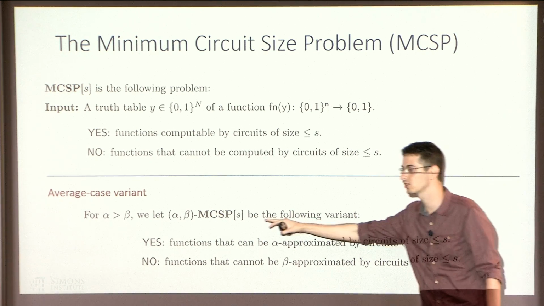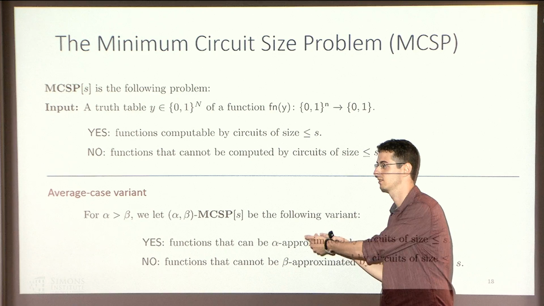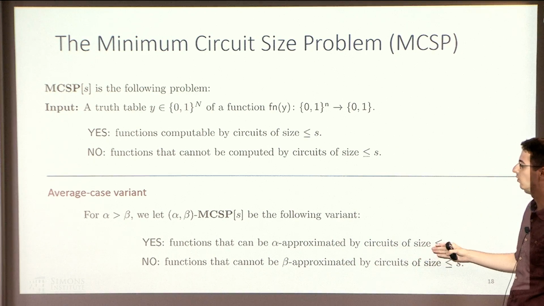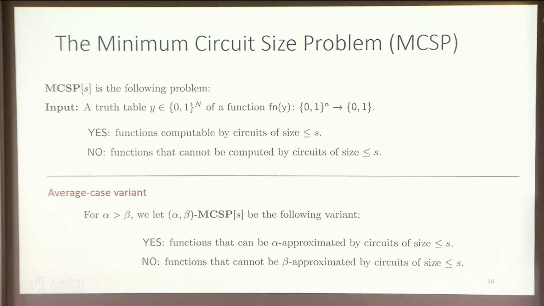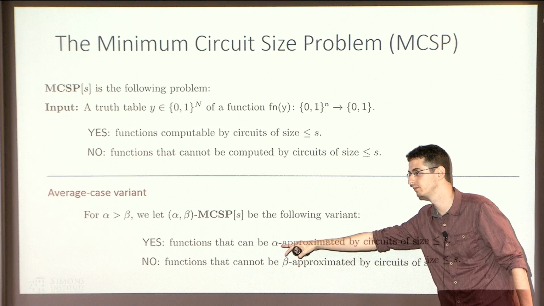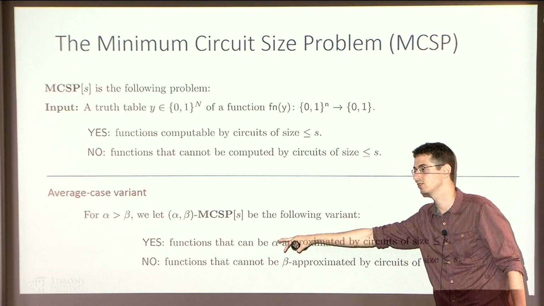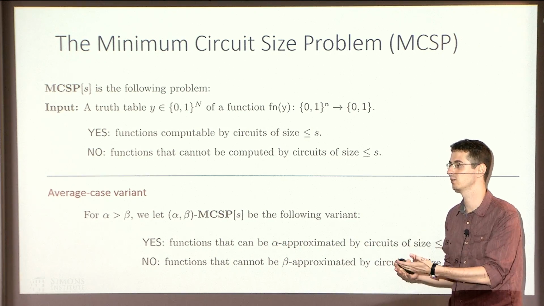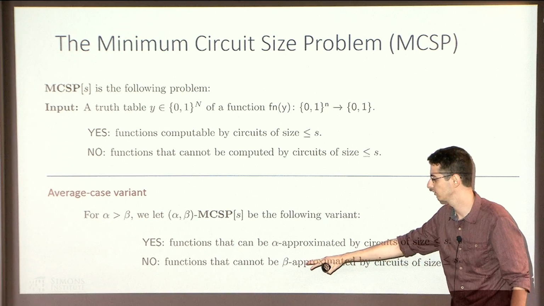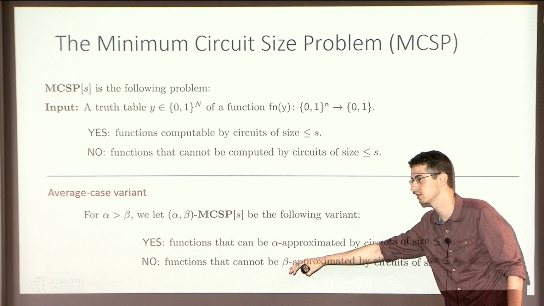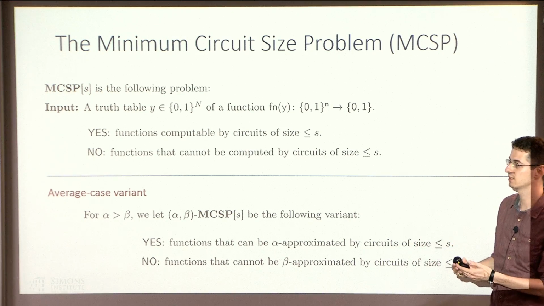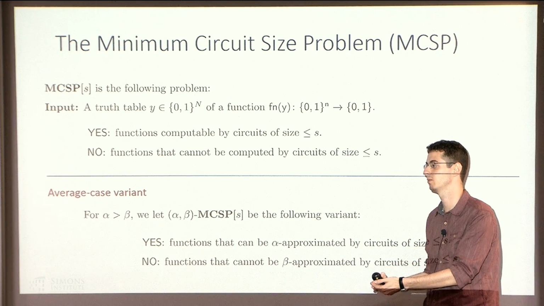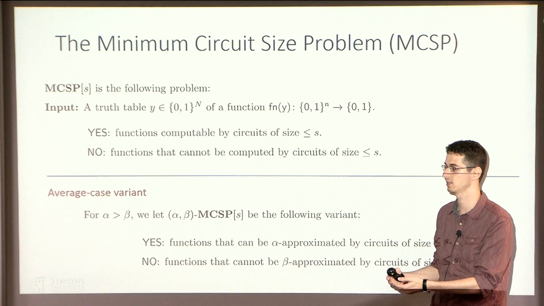So alpha is just the fraction of inputs where the circuit gets it correct. And now the no inputs are the functions that cannot be beta approximated by circuits of size s. In our result, alpha is actually going to be 1. So yes instances are just functions with small circuits. But we're going to be using a small gap for the no instances. So these will be the functions that cannot be, let's say, 0.99 approximated by circuits of size s.